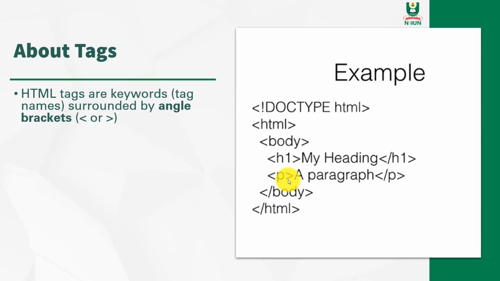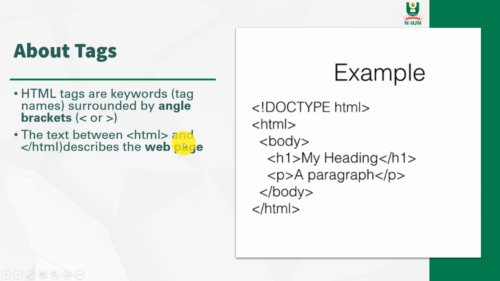As I explained earlier, HTML tags are keywords or tag names surrounded by angle brackets. So these are the angle brackets that we can see here. HTML tags are any word or group of words you see surrounded by angle brackets.